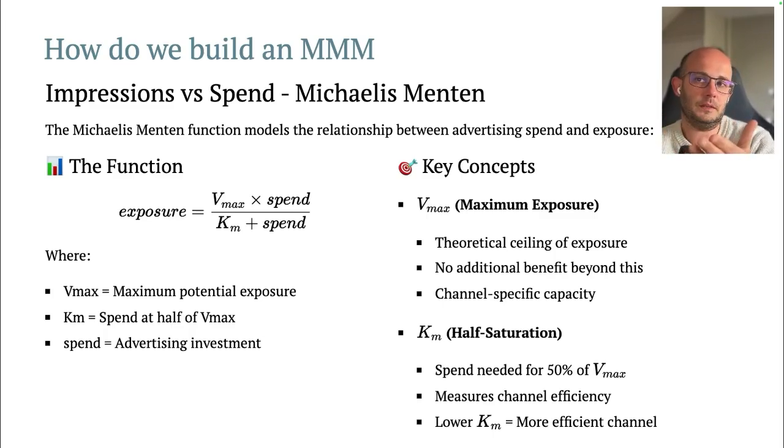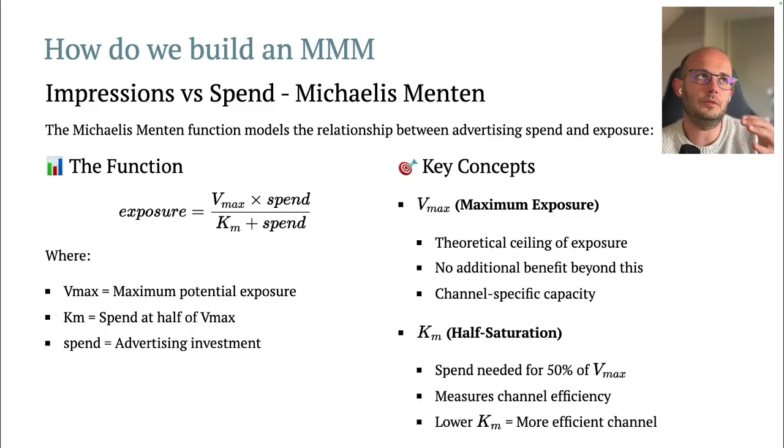The function is Vmax times spend divided by Km plus spend. I can do a video on the details and implementation in Python of this. Tell me in the comments below if you want that. But you're trying to model the maximum potential exposure and the spend at half of that.